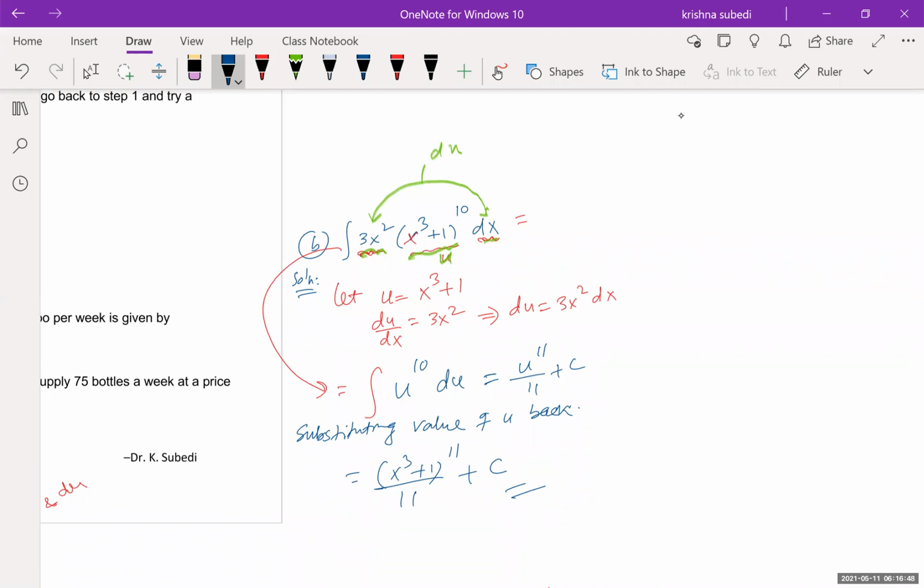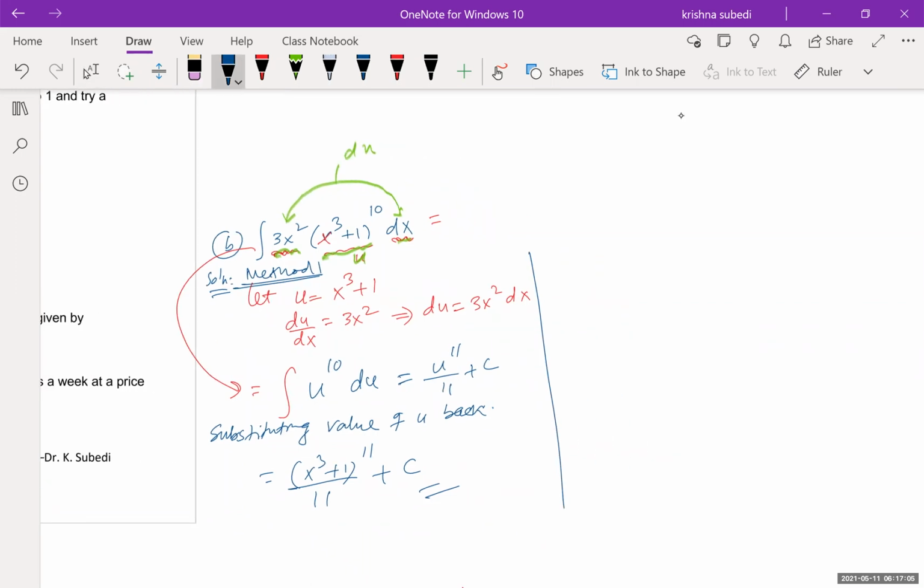So all right, we have done part B using the u substitution, and I would say this is method 1. You can do it in a different way. Here we supposed u to be x cubed plus 1, found the derivative, solved this equation for du, and substituted the value. Instead of du, you can solve for dx and substitute the value.